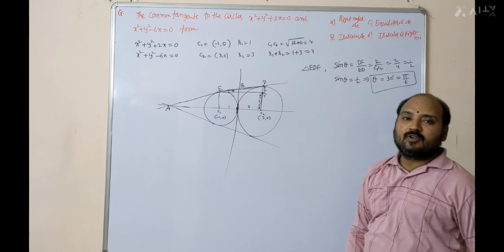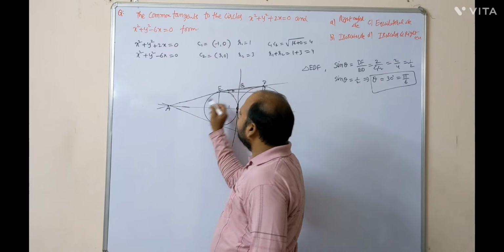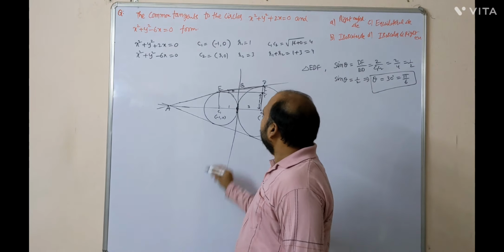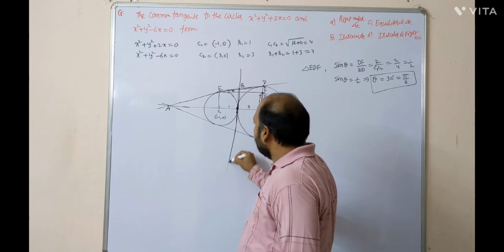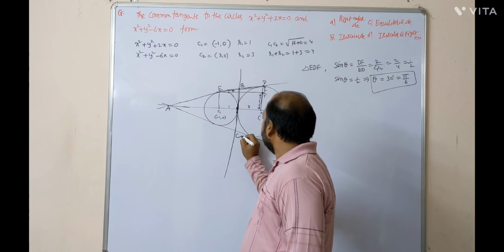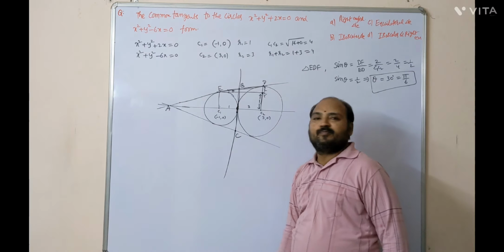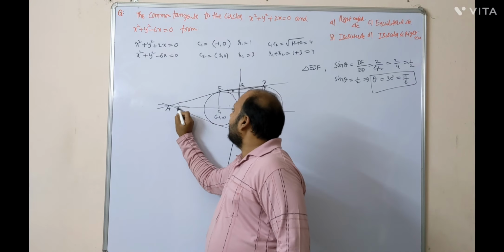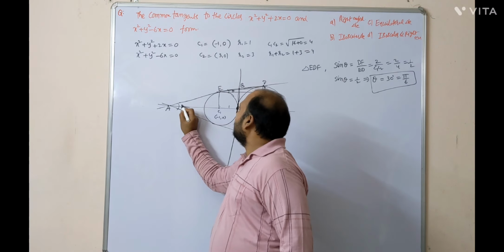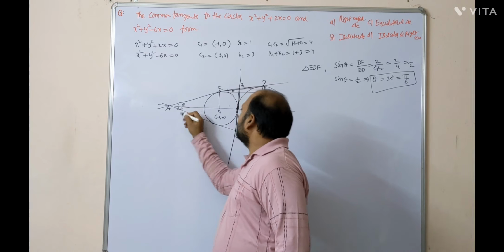This value we got here. This angle we got now, but here forming A, B, C. This one is C now. This is C1, C2. A, B, C. So now I am considering here the angle theta plus theta, total. So 2 theta.